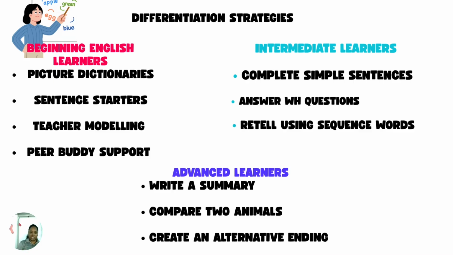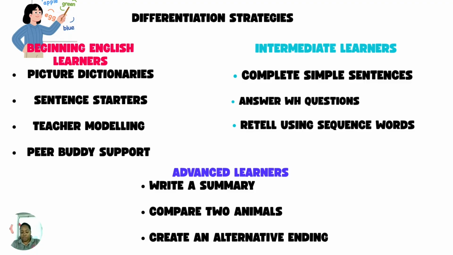For the differentiation strategies we have three levels: the beginning English learners, intermediate learners, and advanced learners. Differentiation strategies ensure that every learner can participate regardless of their English proficiency.